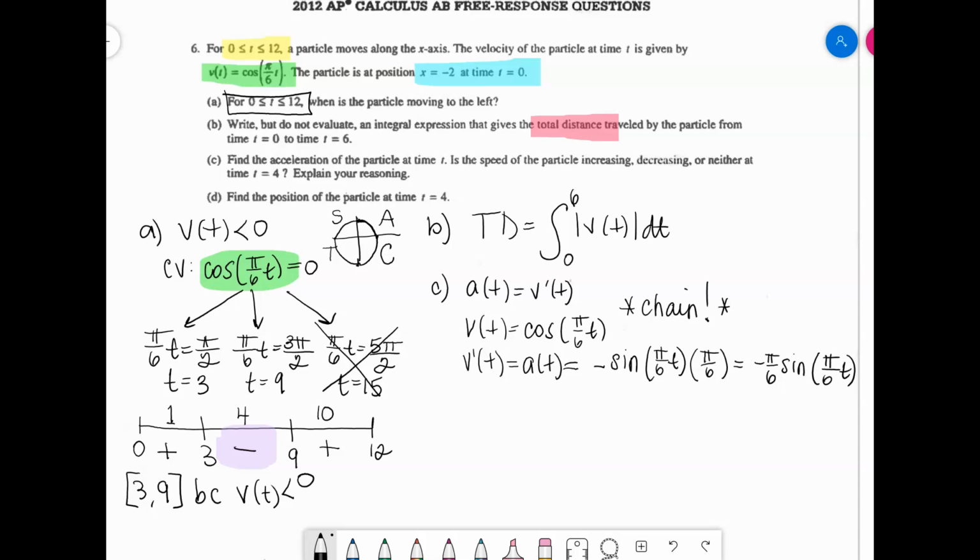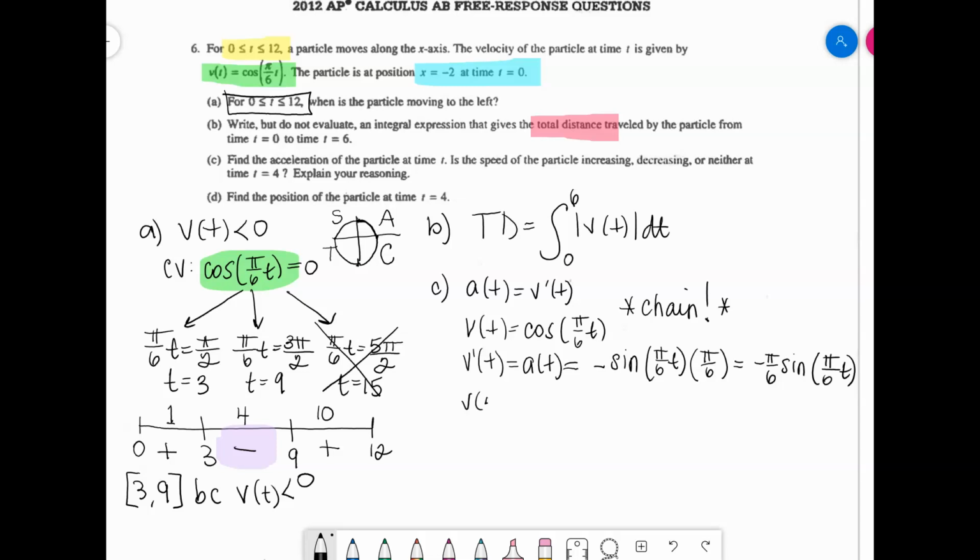Now, the second part of this is to determine if the speed is increasing, decreasing, or neither. So in other words, speeding up, slowing down. We know something is speeding up when the sign of velocity and acceleration are the same. Something is slowing down when the signs of velocity and acceleration are different. So we need to figure out at t equals 4.